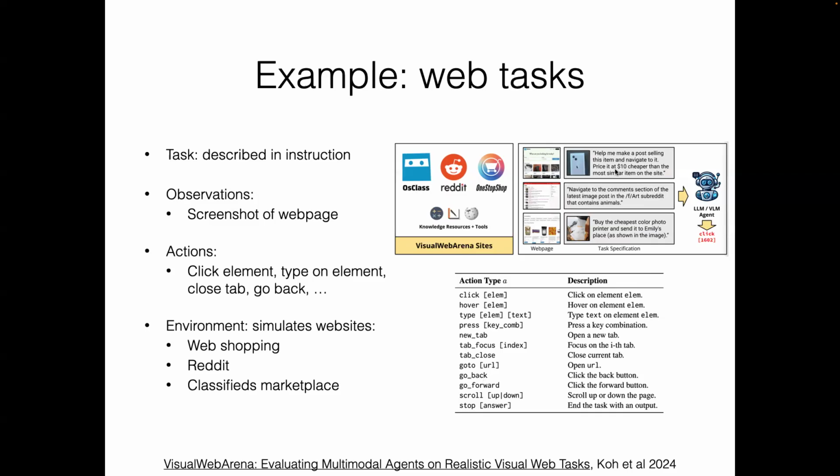Then you could perform different tasks like, help me make a post selling this item, and navigate to it, price it at $10 cheaper than the most similar item on the site. Here you can see them visualizing giving it to the agent, and the agent outputs some click action, the environment actually performs the click, and then your agent gets a new web page.